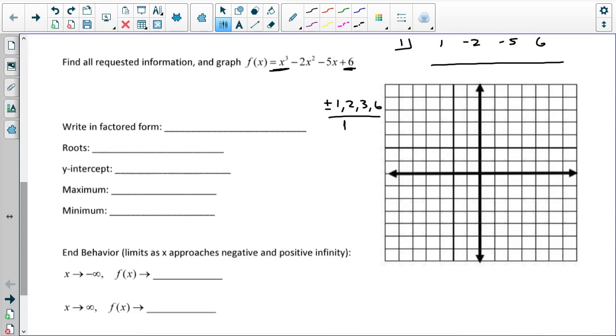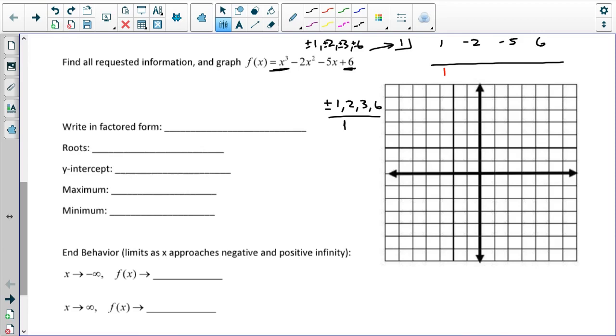Since the first coefficient is only 1, that means that my possible rational roots are 1, 2, 3, and 6, and the negatives of those. So that's just a reminder on that. So I'm going to try 1. I usually try 1 or negative 1 first, so it's a little bit easier.